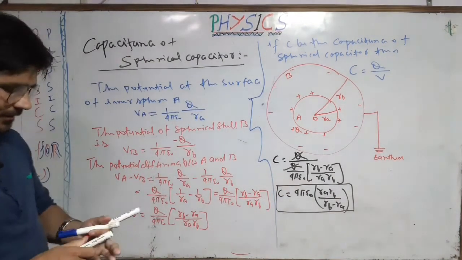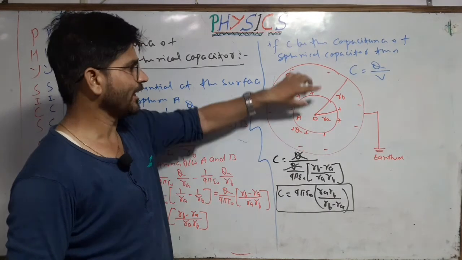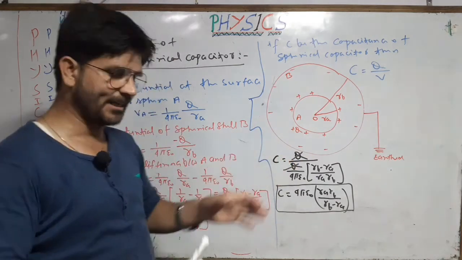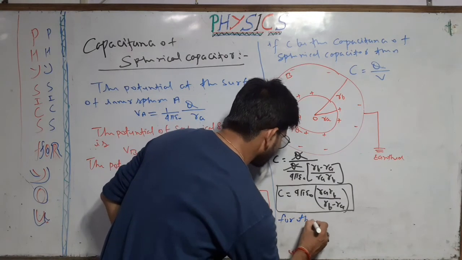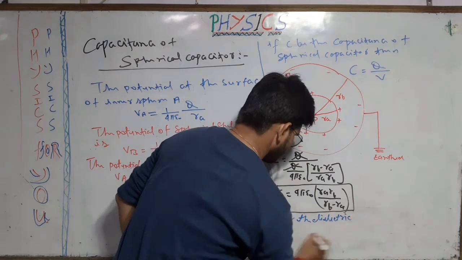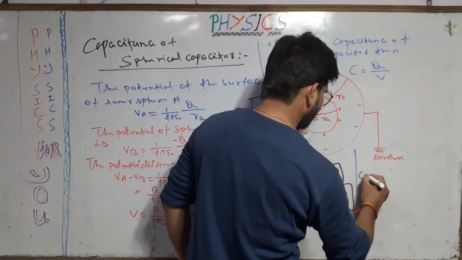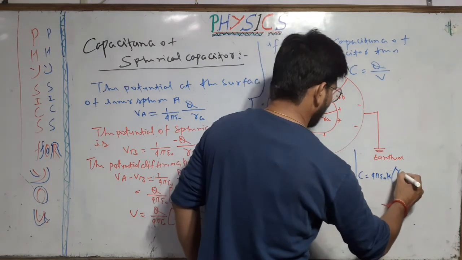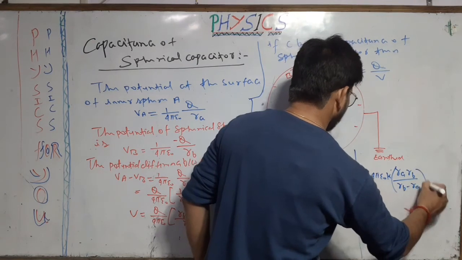So this is the capacitance. If there is a dielectric medium between the plates of the capacitor, like this whole space is filled with a dielectric of dielectric constant K, then for a dielectric the capacitance is C equals 4 pi epsilon naught K Ra Rb upon Rb minus Ra.